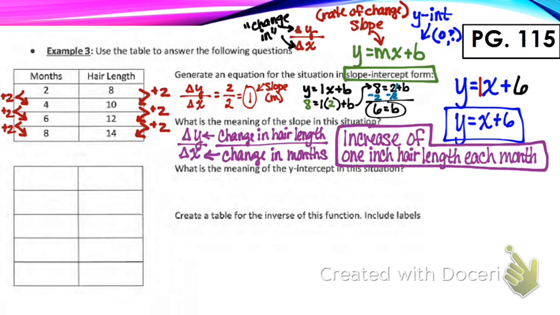The meaning of the y-intercept, we said our y-intercept was 6. So that ordered pair would be 0, 6. What did we say x was telling us about again? The months. And what's the y telling us about? The hair length.